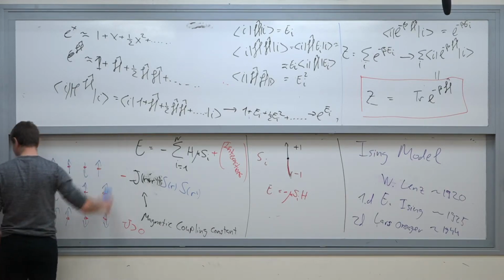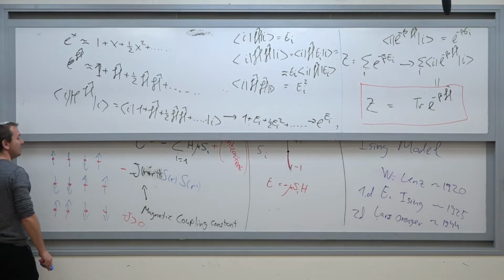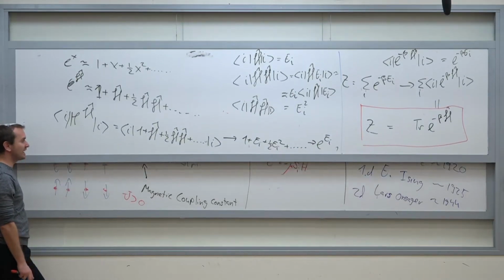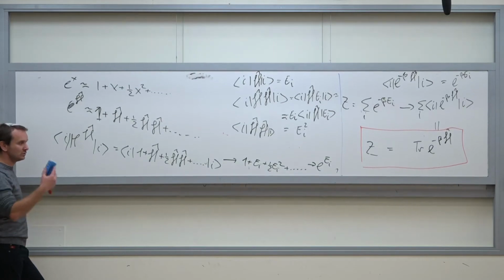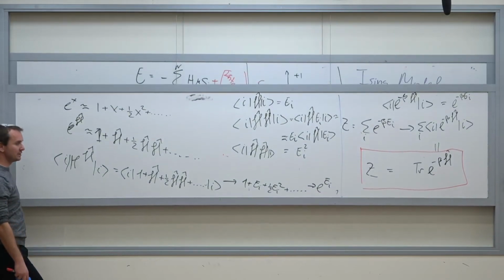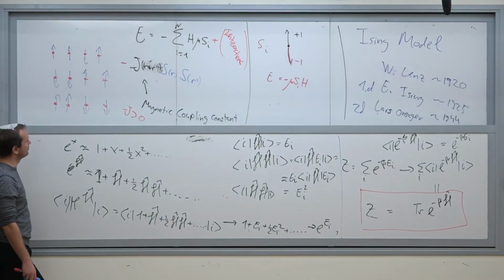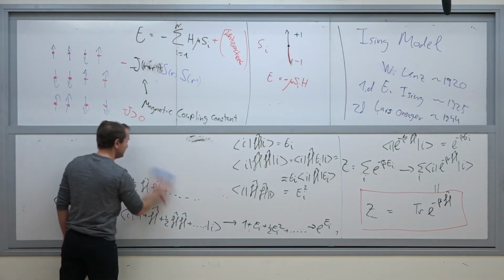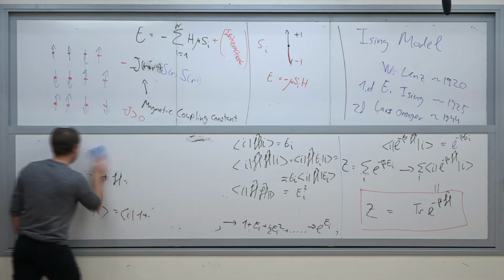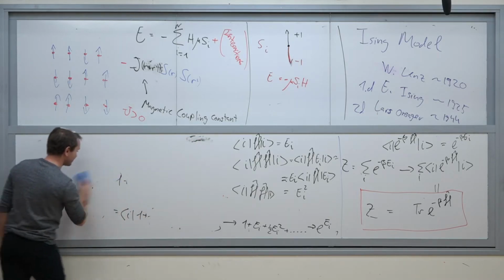So how do I write down the total energy of the system? First of all, let's write the interactions.